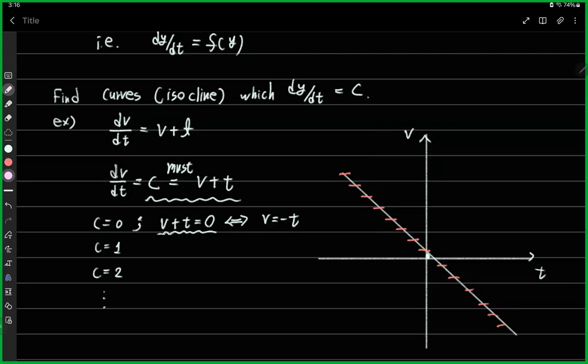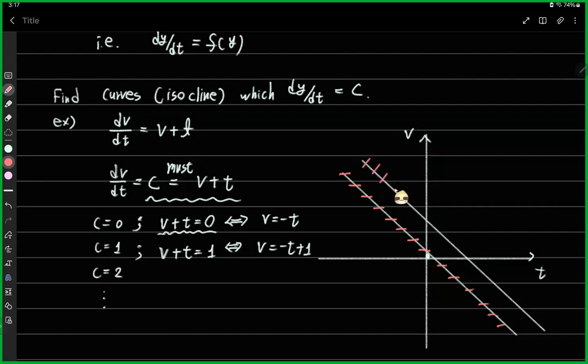Now here, v plus t equals 1. You got it, right? This is v equals minus t plus 1, which means we just move that line parallel, up 1 unit. Then we got this. On this line, dv/dt is constant 1, so the short segments have slope 1, like this.